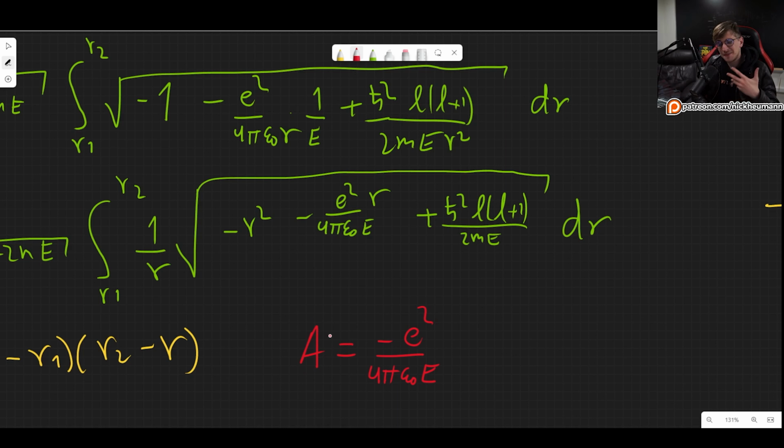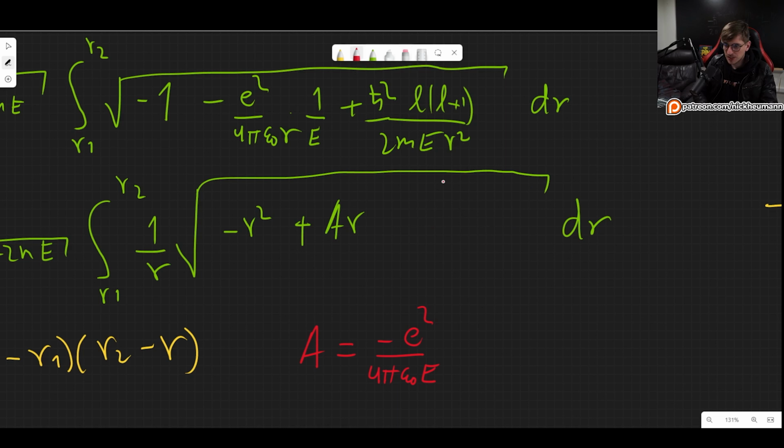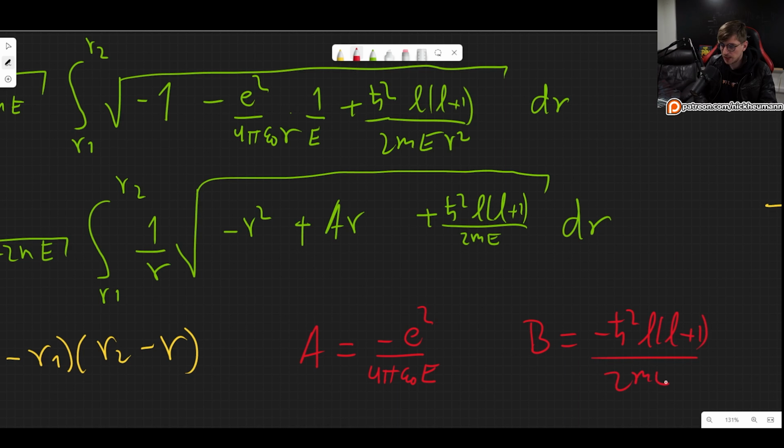Otherwise, you have an implicit negative, which is honestly a little bit dangerous. So this thing will be a times r plus, of course, I'm going to get rid of this. It was a little bit too high up. And this thing here is minus b. We will define b to be minus h bar squared l(l plus 1) divided by 2me. So this thing here is minus b. Again, why minus? For the same reason. We want b to be positive.